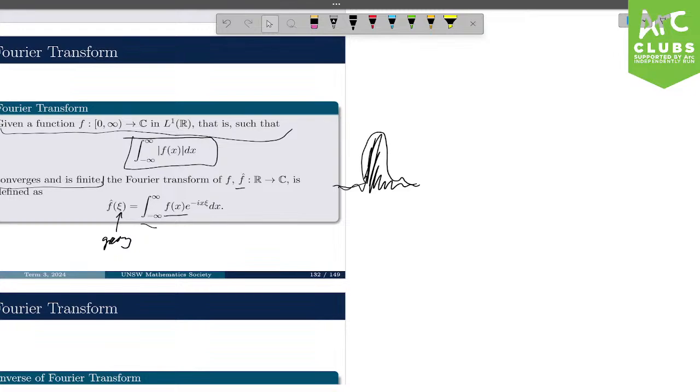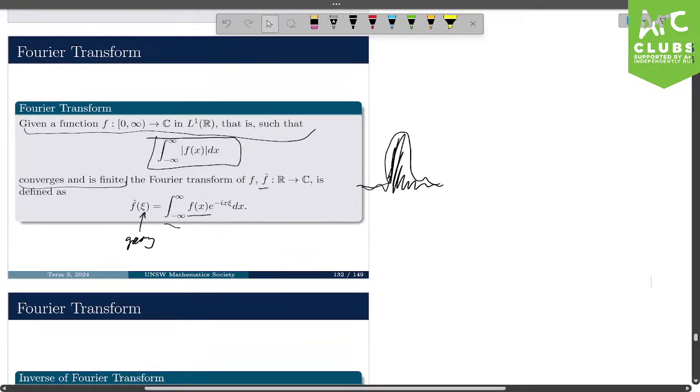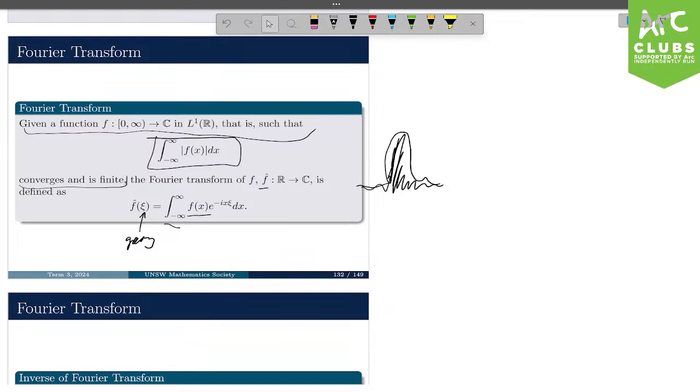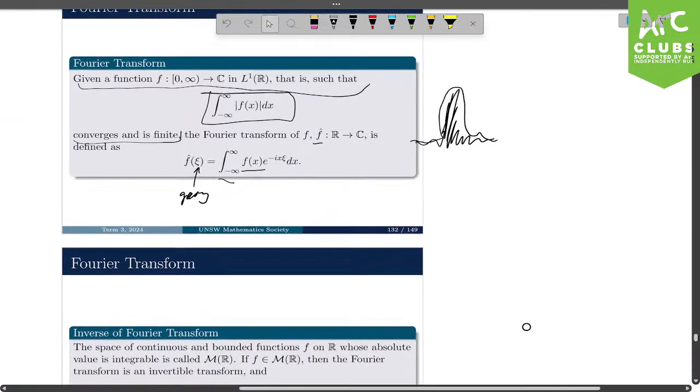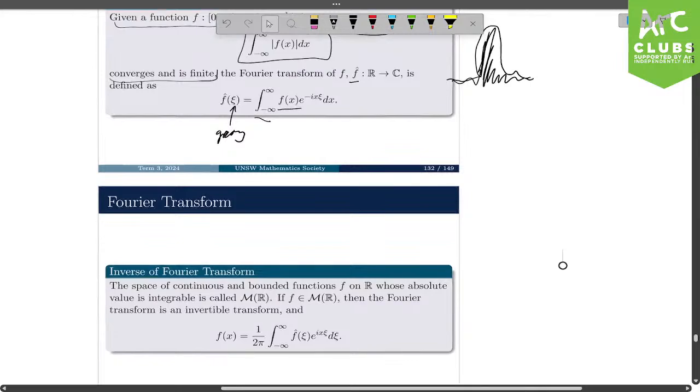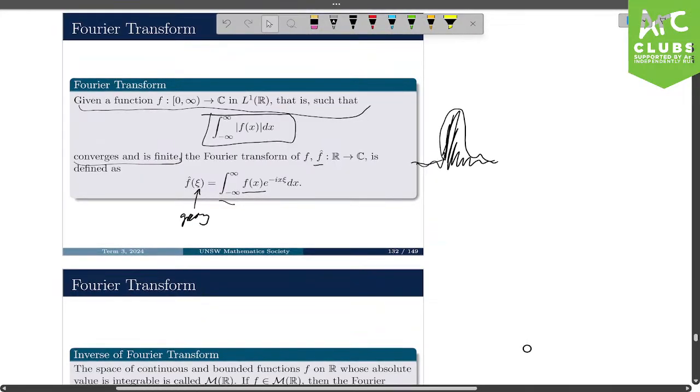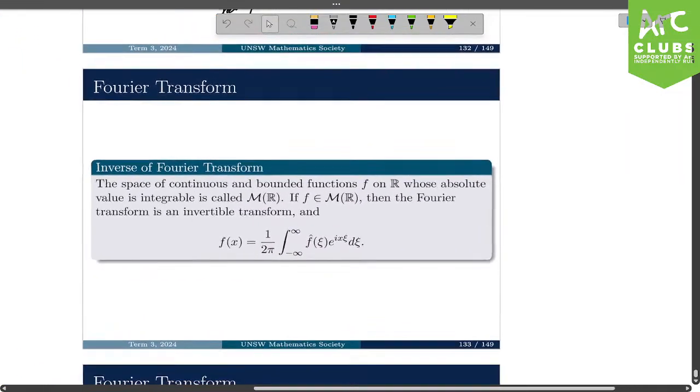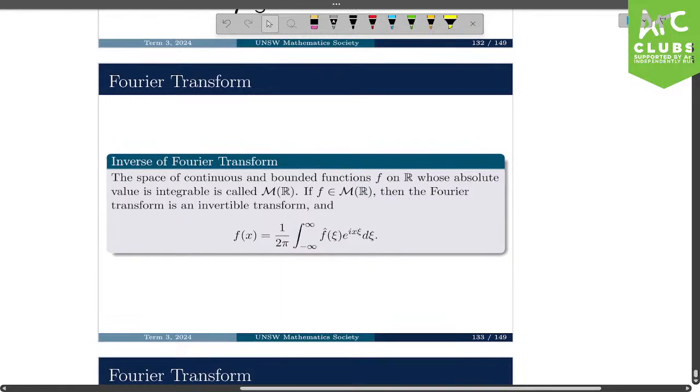Mind you, the Fourier transform is just the continuous analog of Fourier series. It's basically where your period goes to infinity. It's a frequency variable, that's just the name for it. We love electrical engineering.